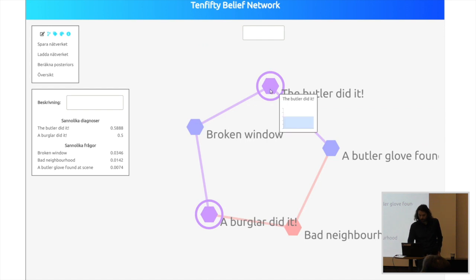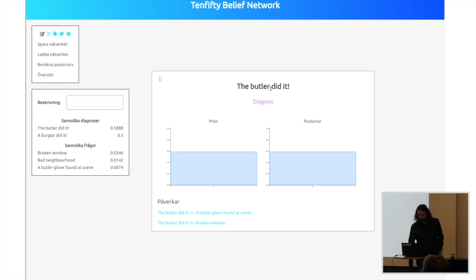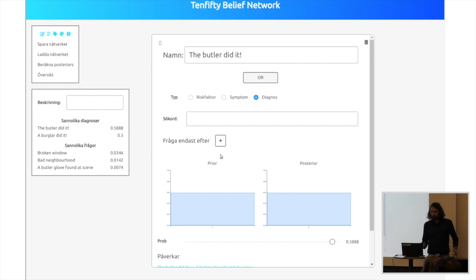We can start with looking at this node, the butler did it node. It has a prior. I can edit it by doing this. So the question here is, what is the prior probability, given that we know that the murder has taken place, that the butler did it?